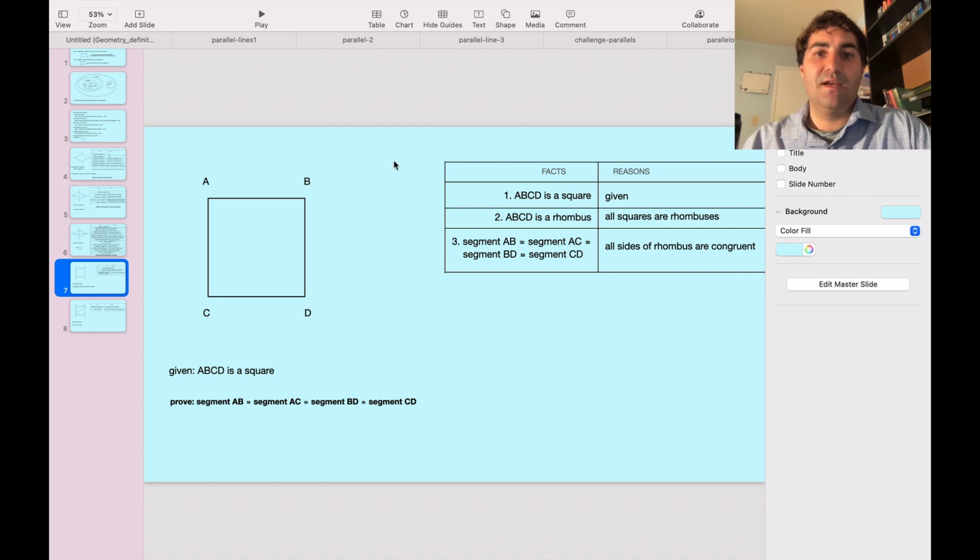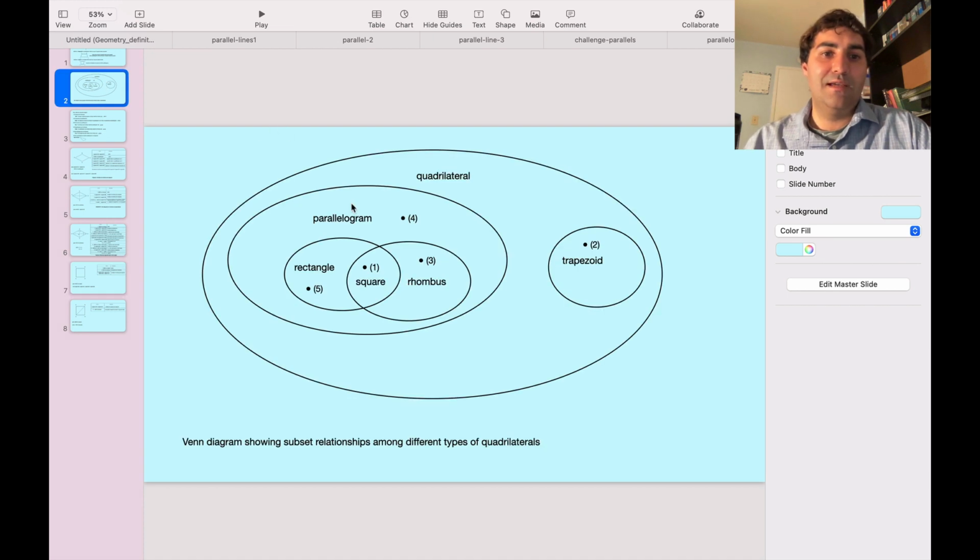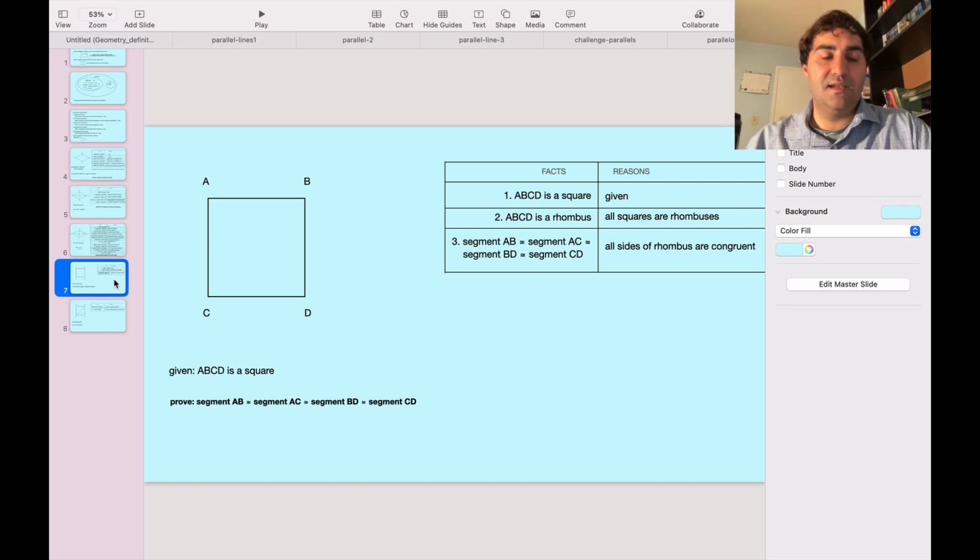So remember, if we look back at the Venn diagram, we know that all squares are going to be rhombuses, right? They're all contained in this rhombus oval. But we proved earlier that all sides of a rhombus are congruent. So in other words, all sides of the square are going to be congruent.